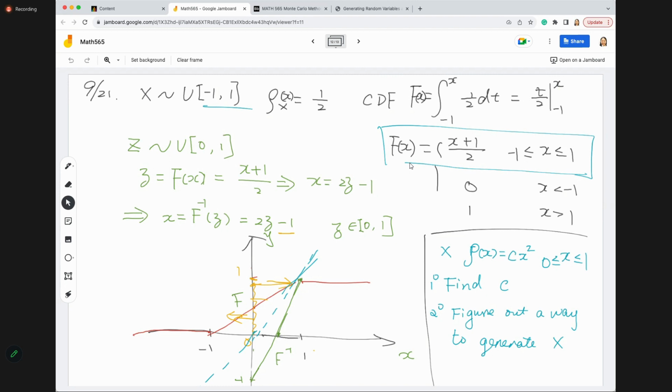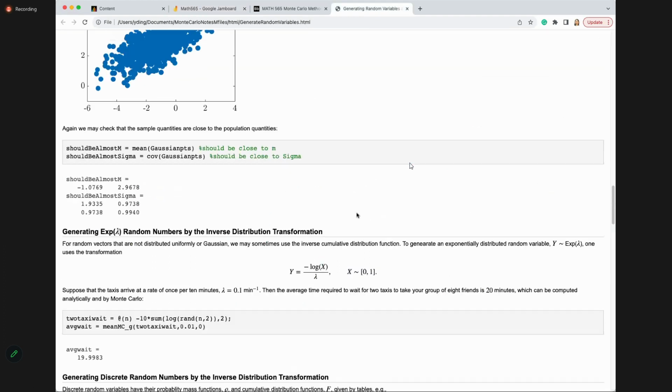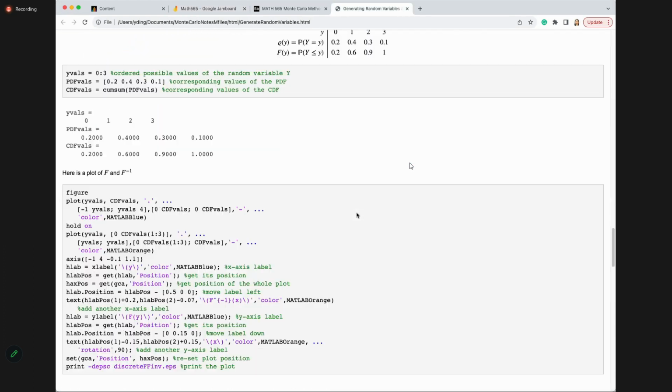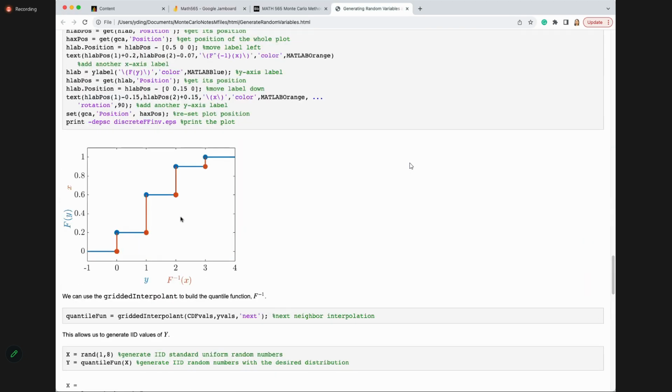But if it's discrete, you still need to do the cumulative distribution, but this time it's a jump function. So like this one. You still need to know how to map it back, but you can do it in a similar way: draw this line and then map it back. It will be easy for you to know how to map it back.